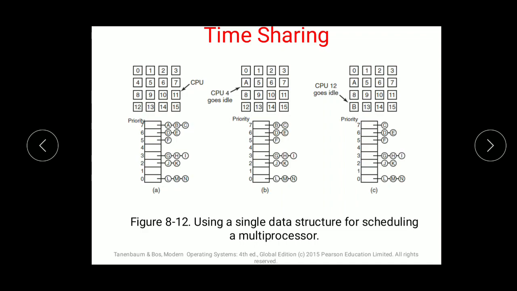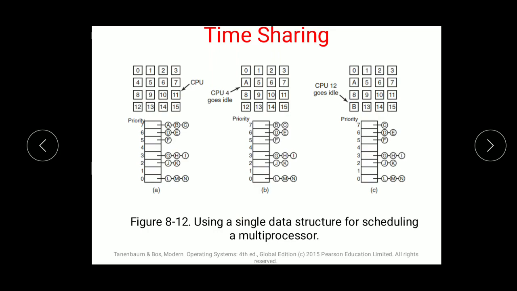Now suppose 16 CPUs are present. They have given an example, not from this one, so I will give you another example. Suppose 16 CPUs are present and all are currently busy. 14 threads of different priorities are waiting in their respective queues to run. So 2 CPUs will be running and all the others will be waiting in priority order.